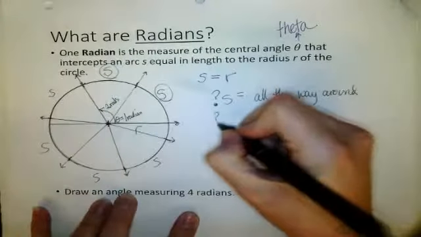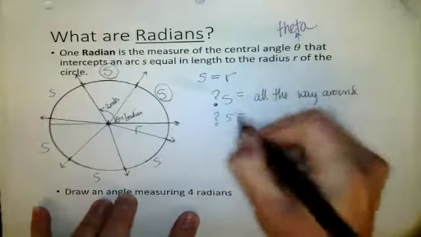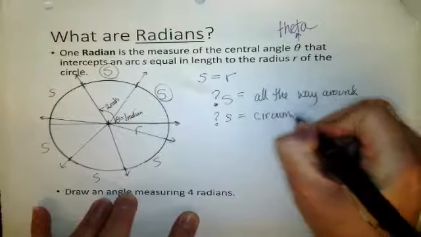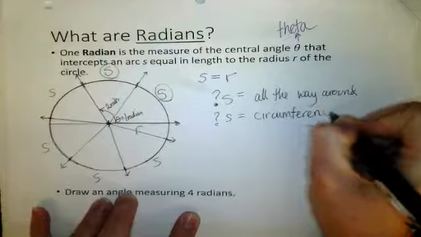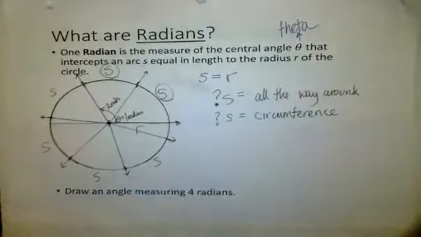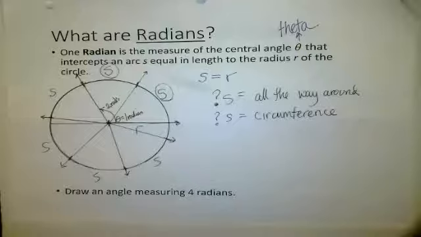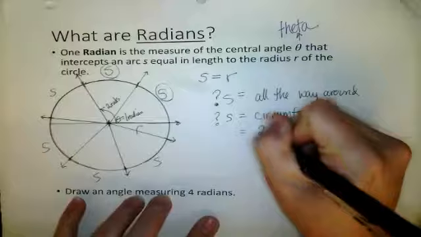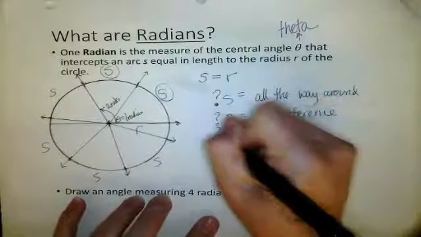Very good. So we want to know how many of these S lengths equal the circumference of the circle. Well, how do you find circumference? 2 pi r. Yes. Okay.